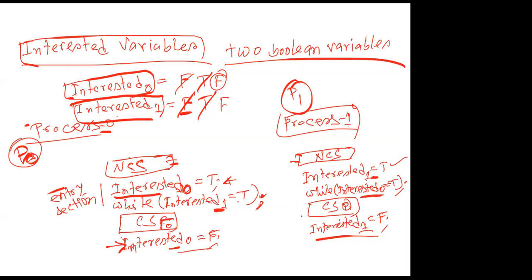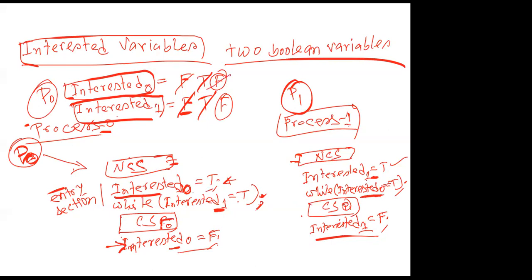Now let's check process P0, which is currently interested in entering this critical section. Here both values are false. No process is currently interested in entering the critical section. So interested[0] will be true.